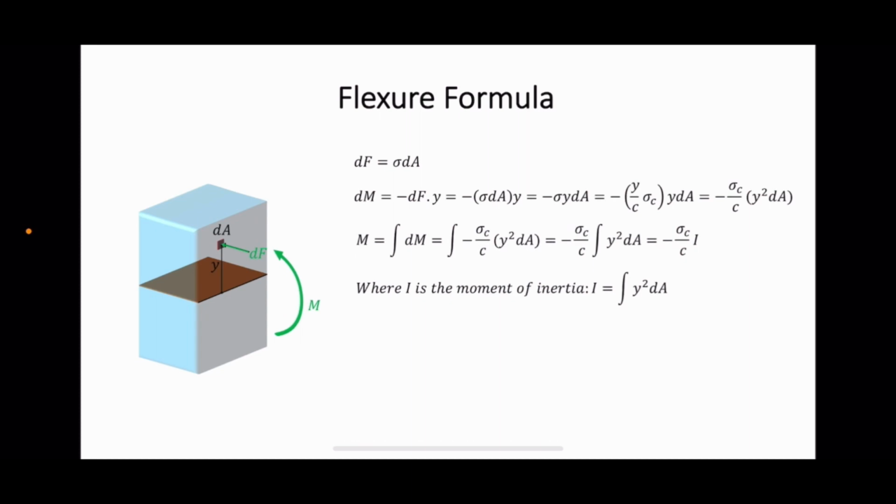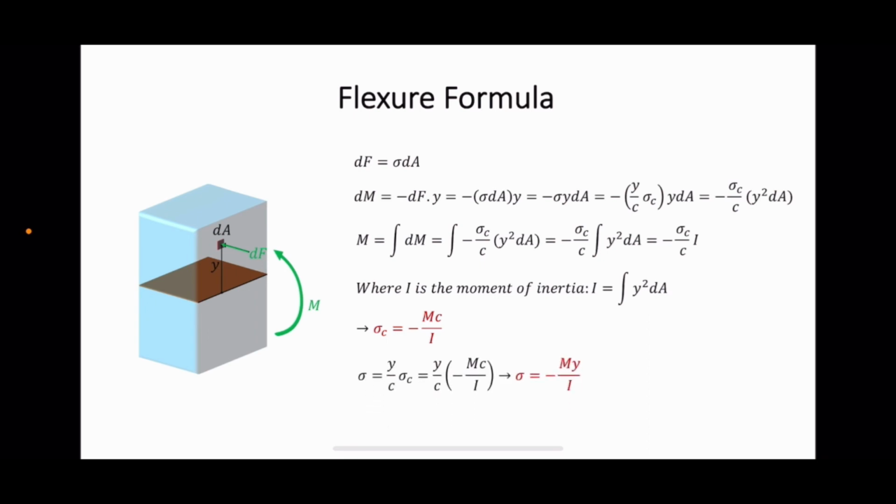Based on this, we can see the relationship between the bending stress at the top edge of the beam with the bending moment. In other words, here is the equation to find that bending stress, where capital letter I is the moment of inertia of the cross-section that we learned in statics. From that stress, we can find the bending stress at any location on the cross-section.